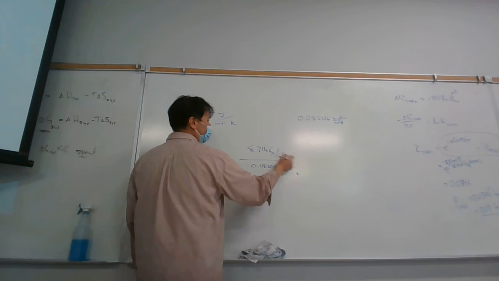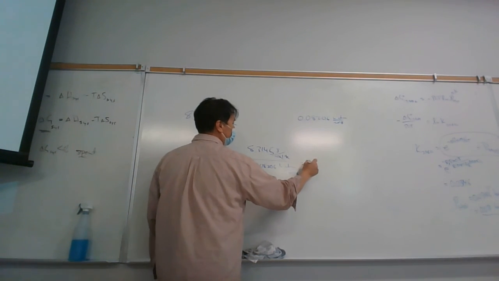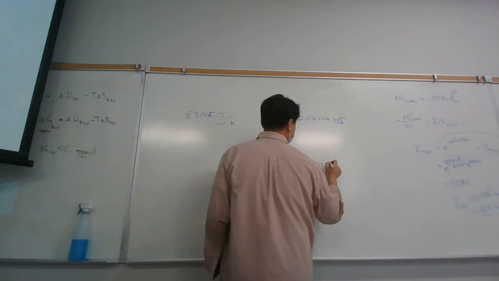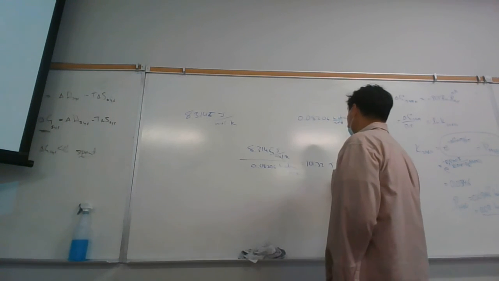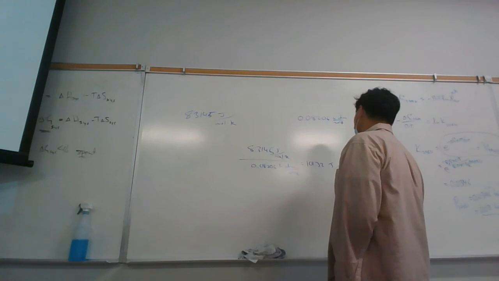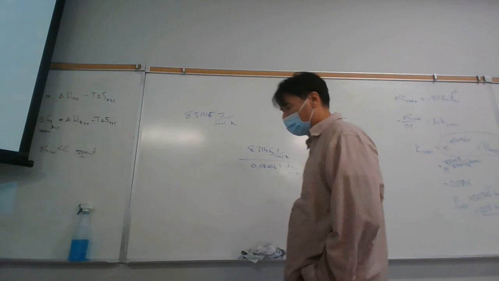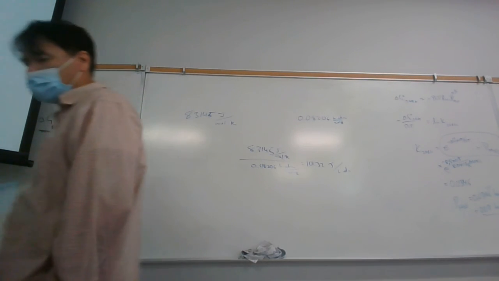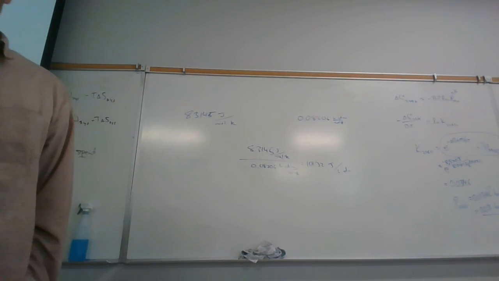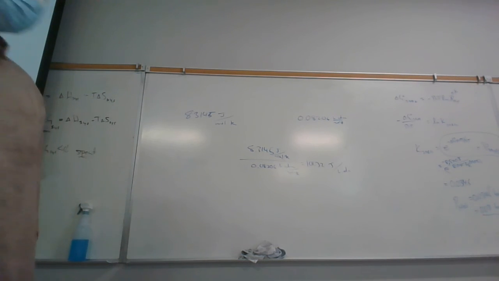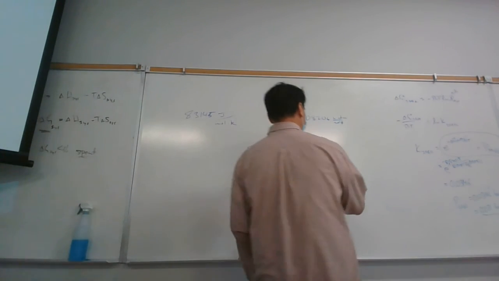So the mole Kelvin cancels. And this gives us 101.32 joules per liter atmosphere. Also, it is joules. But the other thing is, this is per liter atmosphere, not per liter bar.